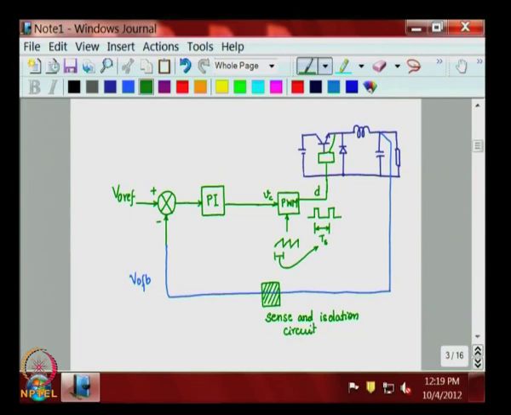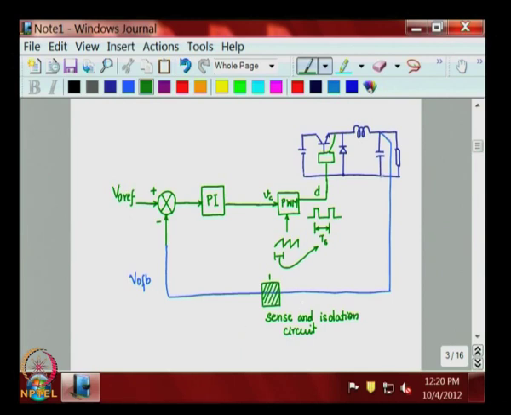So, for now we will assume that the sense and isolation circuit is there and it has input to output gain of 1, unity. We will later on look at what this sense and isolation circuitry is.